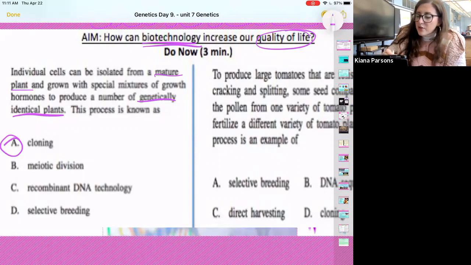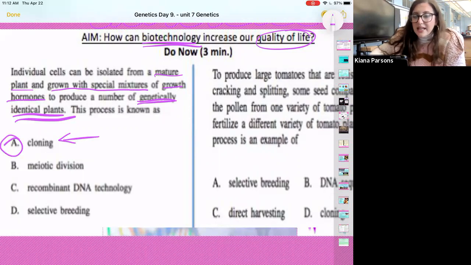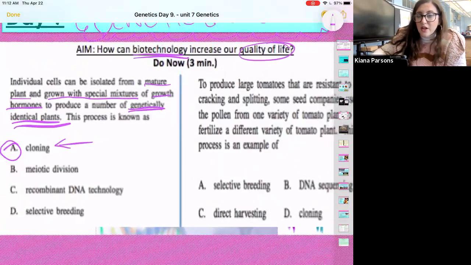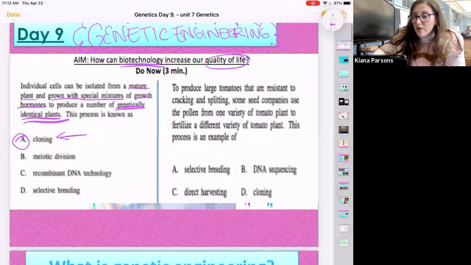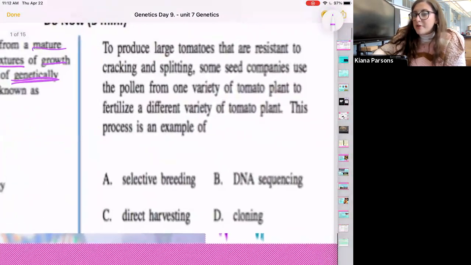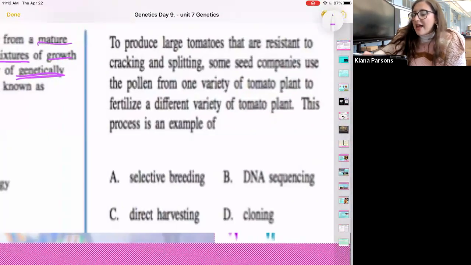We're talking about cloning, but we're going to go more into recombinant DNA technology today. Clones are genetically identical, and some cells can reproduce more quickly than others, and that is part of why we use them in our recombinant DNA technology.